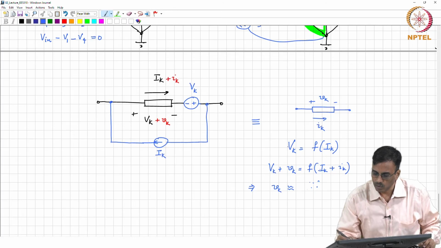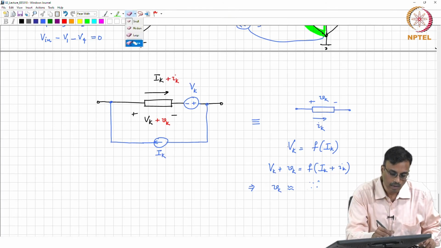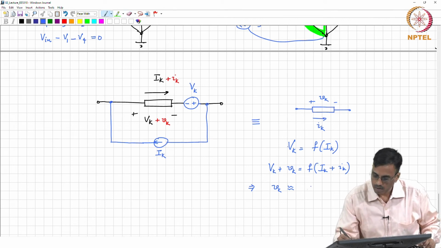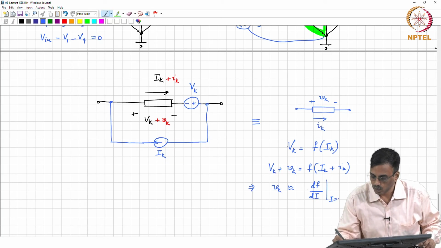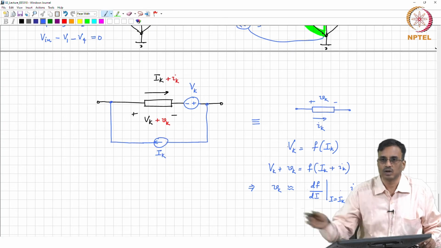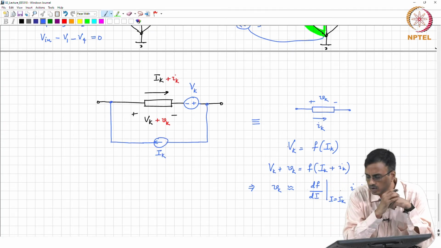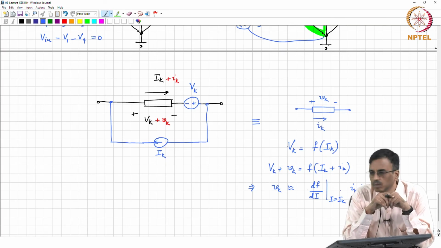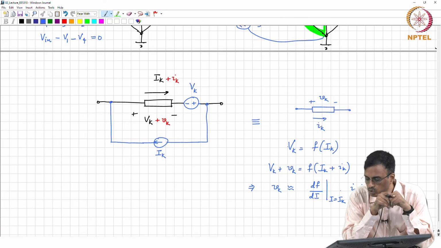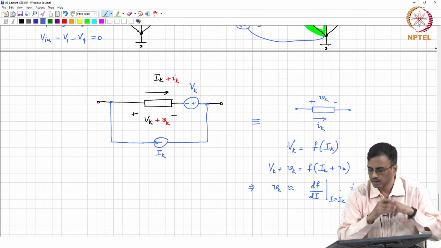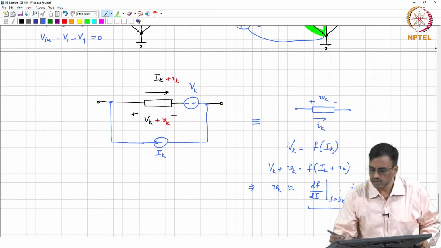There is only one variable here. df by di evaluated at I equal to Ik times small ik plus higher order terms, which we already saw, basically will define what it means for the signal to be small signal. But in general, if we assume that those higher order Taylor series terms are negligible compared to the first order term, then this is the, what are the dimensions of this character?